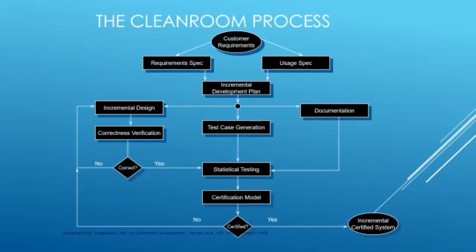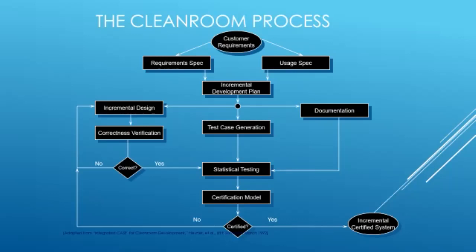The first activity is customer requirements, where customer requirements are divided into requirement specification and usage specification, and these two are again combined in the incremental development plan, where the output of these two is input to the incremental development plan, which goes to further division, that is incremental design and documentation. That means the incremental development plan is divided into design and documentation.